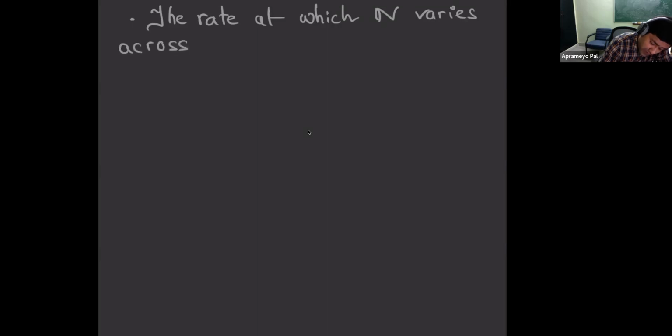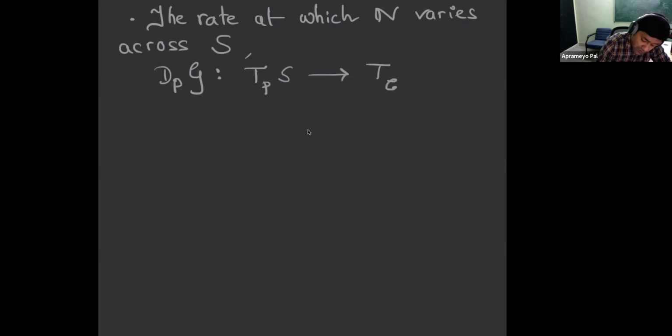So what I'm saying, we are going to consider the rate at which n varies across the surface. So this is given by, of course, the derivative d at the point P of G. And you know what the derivative at a point is, it becomes a map on the tangent plane, right?